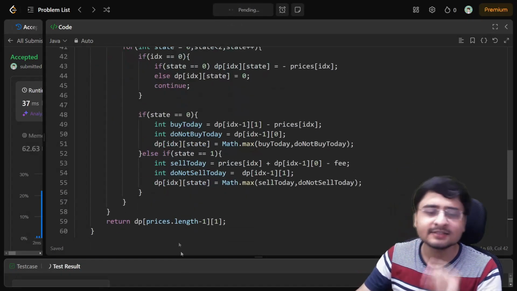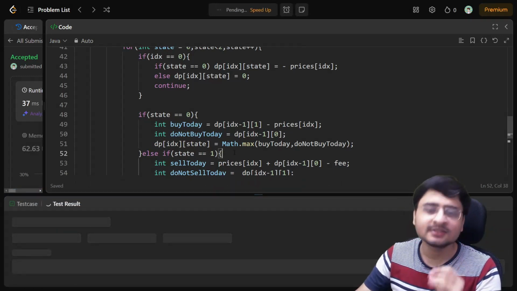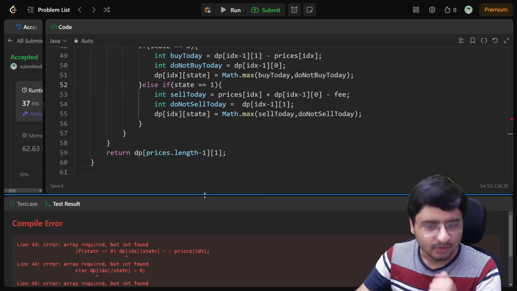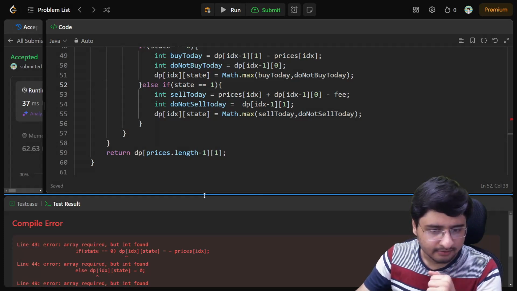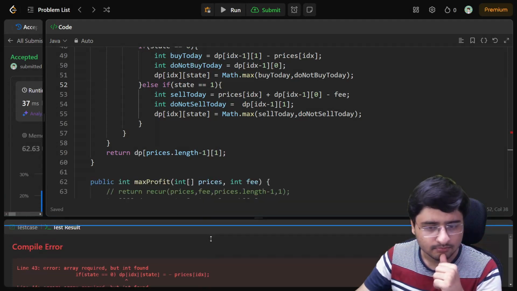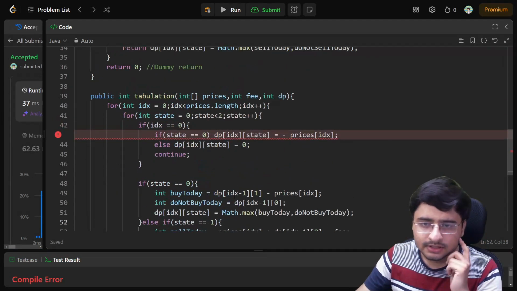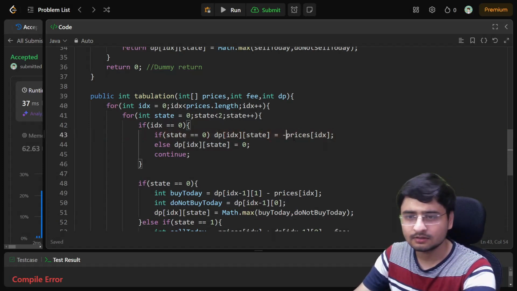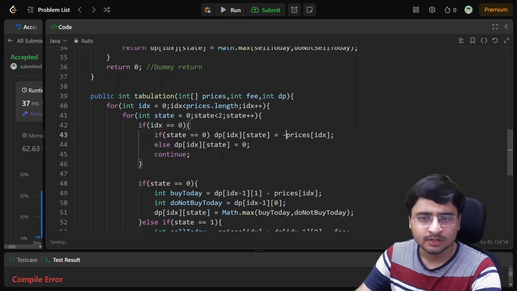If you are not getting this trick now, my friend, please watch the previous videos, else these tricks will not be clear to all of you. Okay, array required but int found. Let's see what the error is. If state is equal to 0, okay.